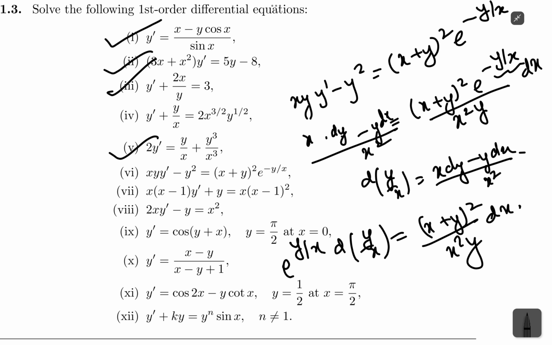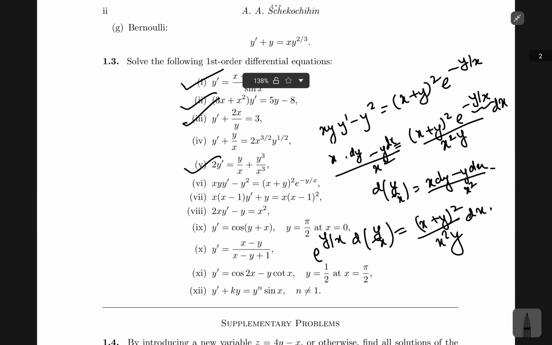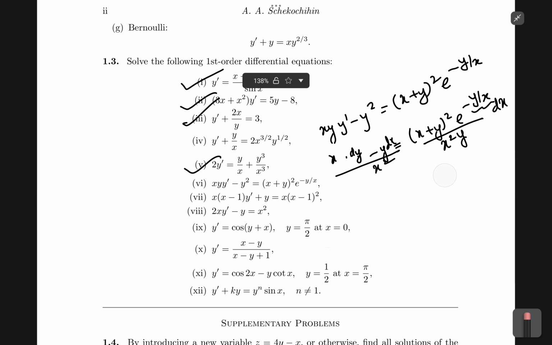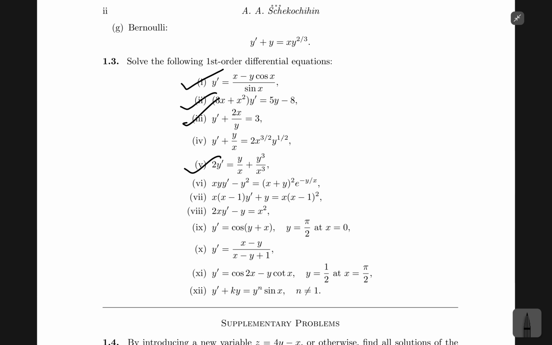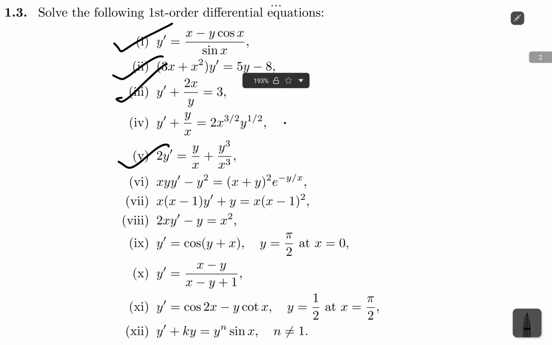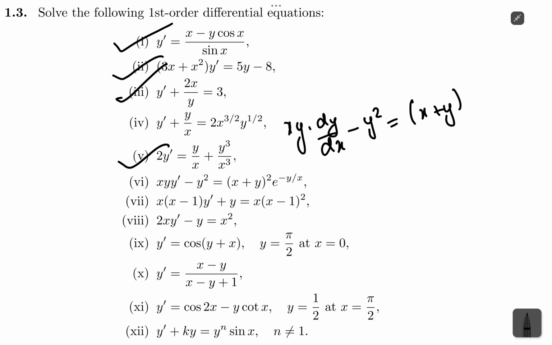Okay, I think we need to manipulate it more, right? Yeah, xy dy by dx minus y square is equal to x plus y square.